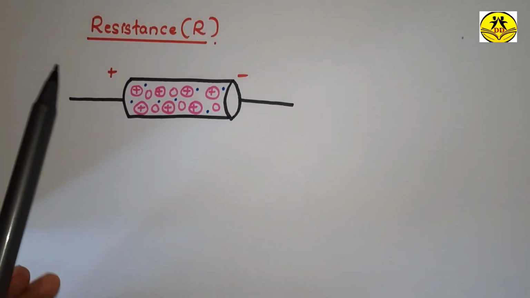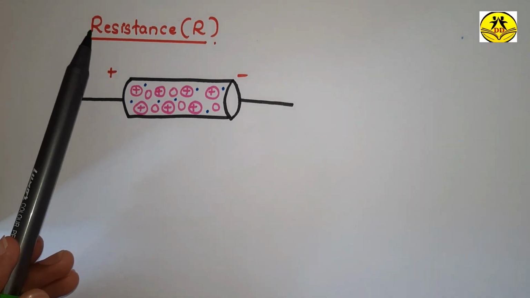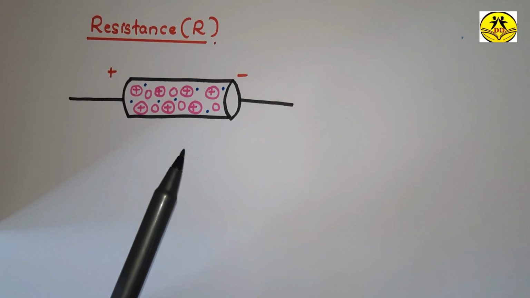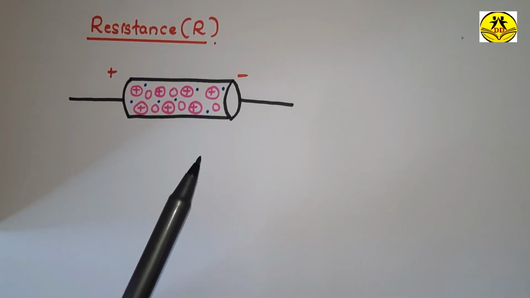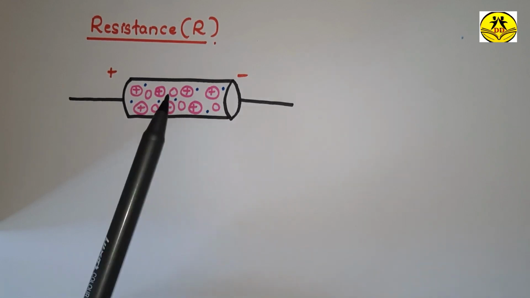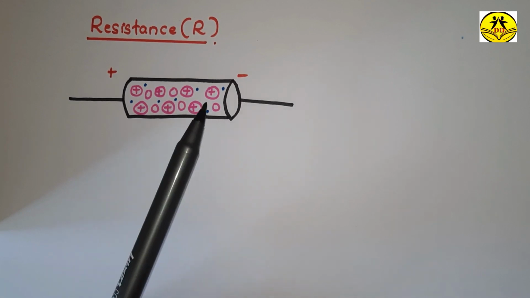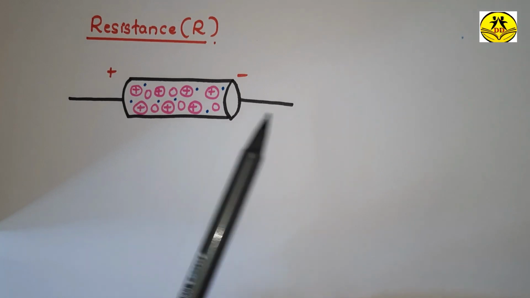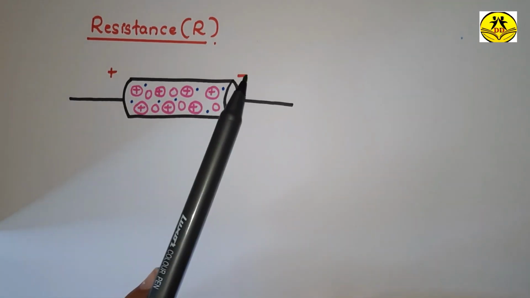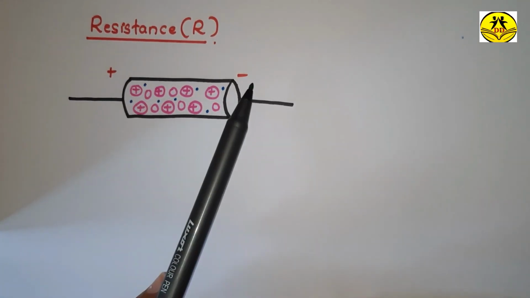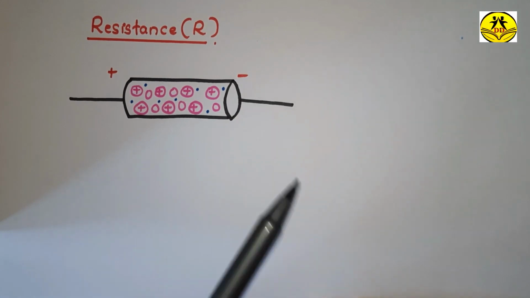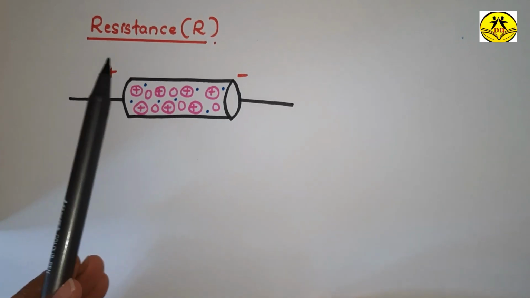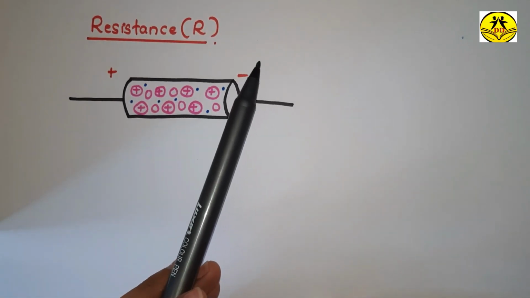Now let's learn what resistance is. Resistance is the obstruction created to the flow of electrons due to the collision of electrons with metal atoms and cations. So consider a metallic conductor like this with a potential difference applied across its terminals. I taught you earlier, when a potential difference is applied, a field is created.